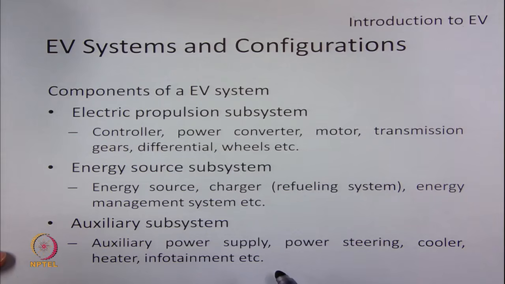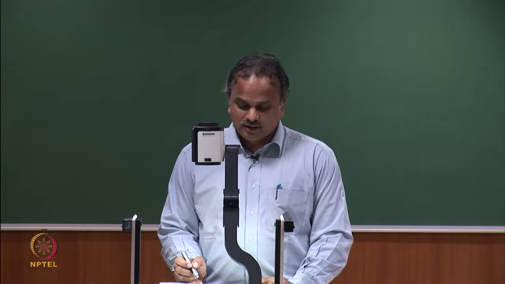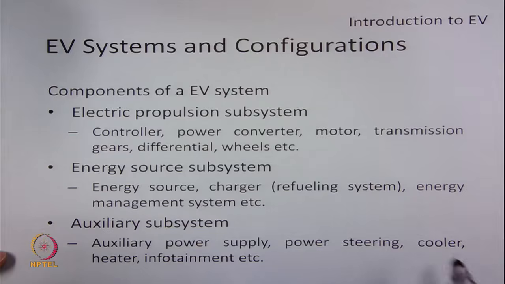The cooling and heating requirements can also be made more electric by using a drive-based air conditioner, etc., such that the power requirement for these auxiliary subsystems can be minimized.